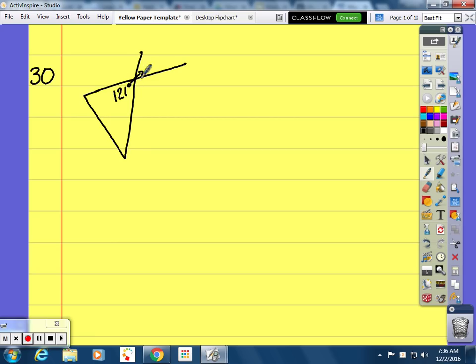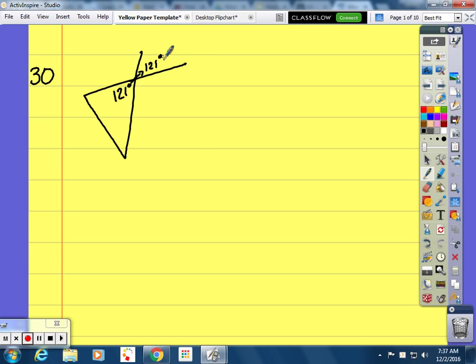This one is small, continues to get larger. And if I were to fold this over onto this one, it would be the exact same angle. So this is 121. Vertical angles are identical. So that answer would be 121 degrees. Vertical angles are identical.